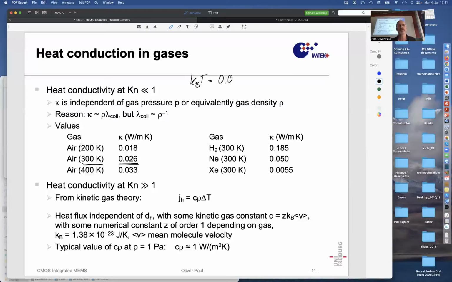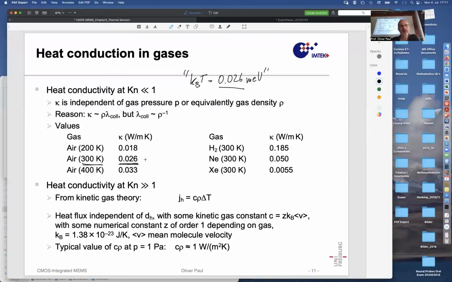This is 0.026 electron volts. It has nothing to do with that number. It's just a numerical value that is easy for me to keep. That's why I know the thermal conductivity of air. So please don't think that they have anything in common, except the numerical value.